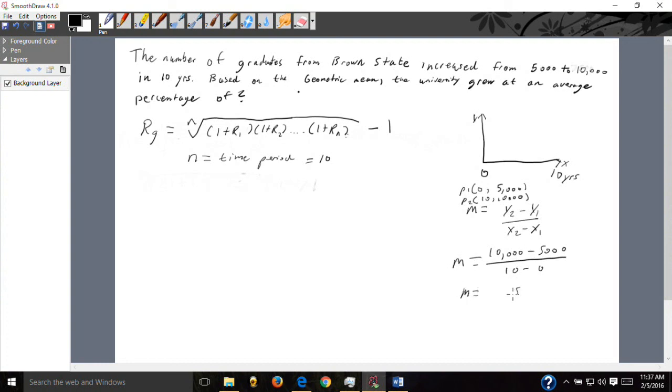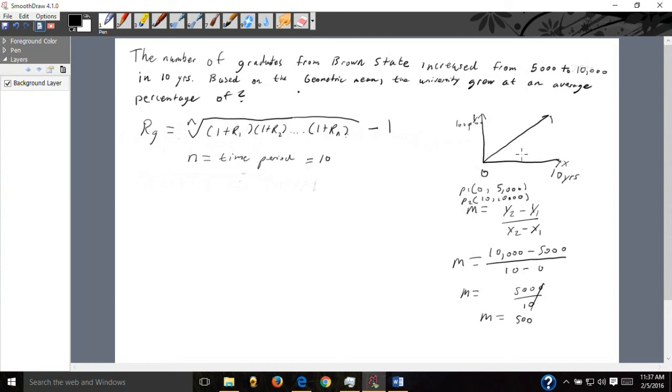So I get 5,000 divided by 10, which in turn becomes 500. So 500 students at a constant rate. So really what's going on here is a linear function. Up here is going to be 10,000 students.